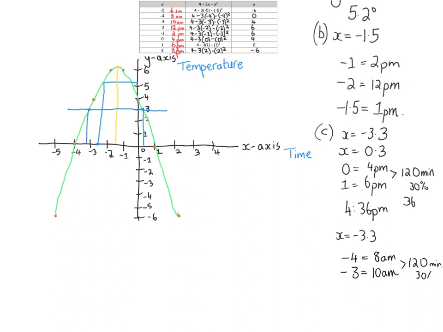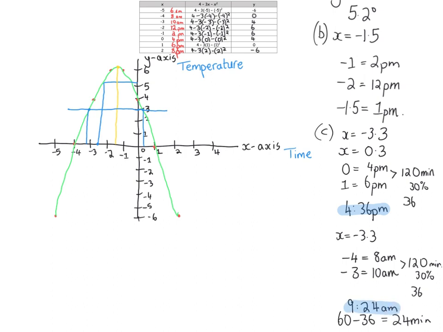So this is going to be approximately, I would say, 9:24 a.m. And the reason why I say that is because if minus 3 is 10 a.m., we're about 36 minutes before 10 a.m. So 60 minutes, take 36 minutes, is going to give us 24 minutes. So we're approximately 9:24. So then the answer here we have is 4:36 and 9:24.